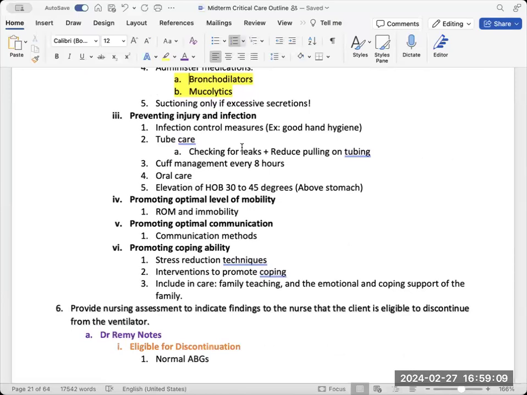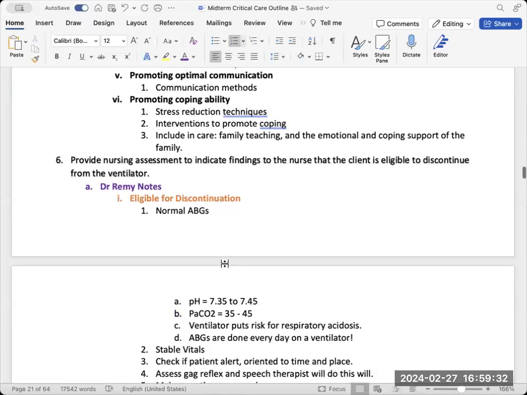We also want to make sure they have a good cuff pressure. This also relates to here, right? We want to do oral care and make sure the head of the bed is elevated, not to 90 degrees because it could pull on the tube, on the wires and stuff, but we want to make sure they're at least semi-Fowler's. That's what we want them to be, okay? And things like that.